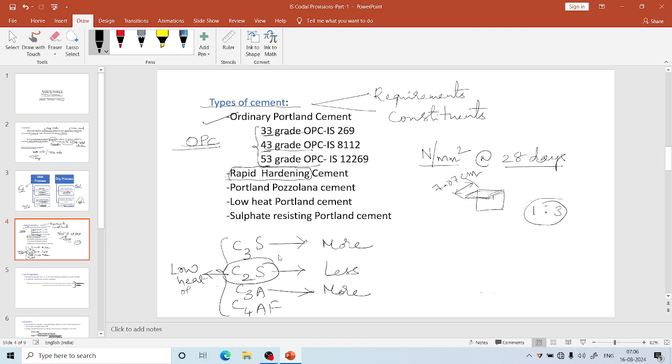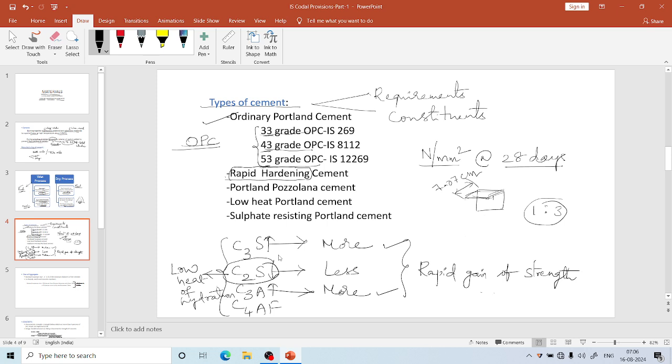It is responsible for low heat of hydration and slow gain of strength. When C3S and C3A are more, there will be a rapid rate of hydration and rapid strength.